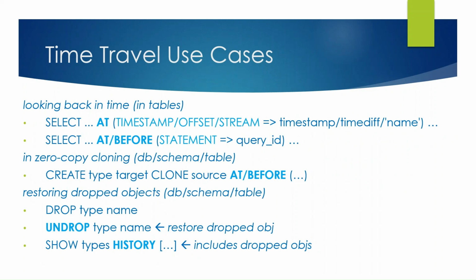And we've seen that the way you can restore dropped objects is using undrop. If you drop the database, schema or table, drop type name, undrop restores the dropped object, one of these: database, schema and table. And we've seen that you can use show types with history to show also the dropped and the recovered objects.